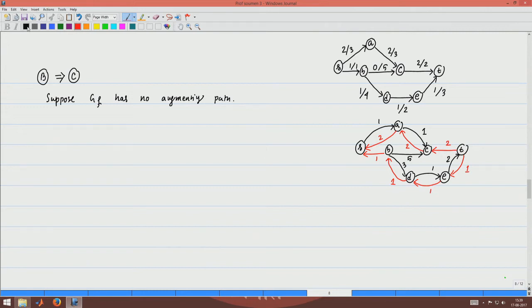So this is my G_F residual network, and this is the network and the flow.